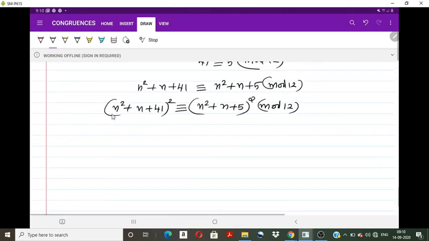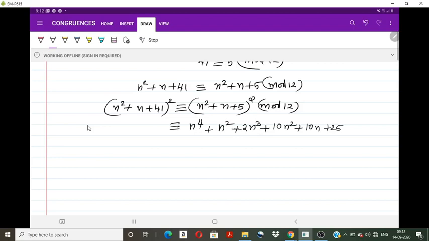Now expand this power. It is of the form a plus b plus c whole square.